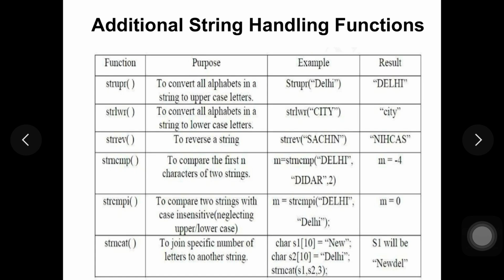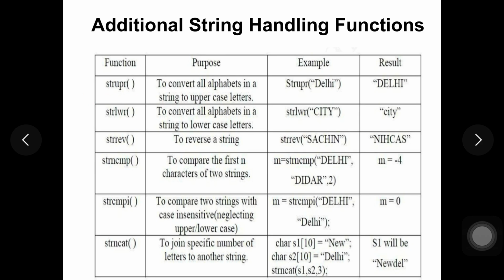So by this, we can now see some additional string handling functions which we have in the string.h header file, okay. You can see the first function here, strupr. This is called string upper. Whatever alphabets you have in a string, all of them are converted into uppercase letters.